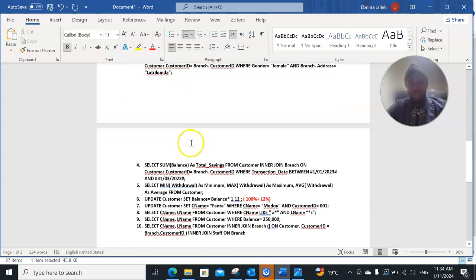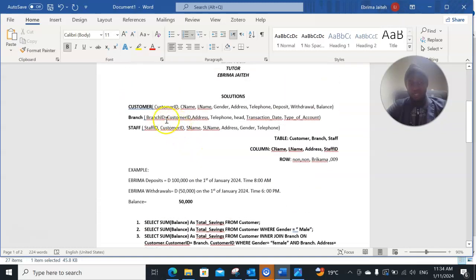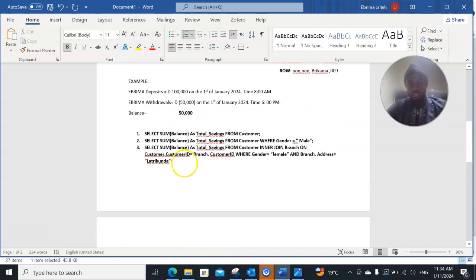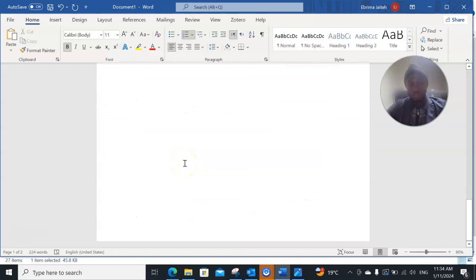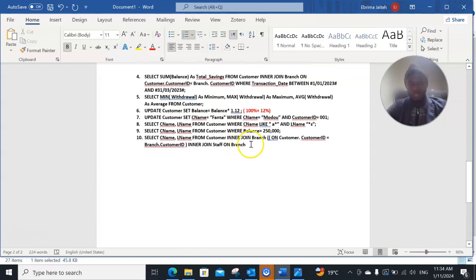Customer ID. Okay, but normally here the branch ID, for example, this branch ID needs to be what? A foreign key under here. Normally that's how it is. But in this question, they make the customer ID to be the foreign key of all the 3 tables. So we are answering based on the question. Okay, so we're going to say inner join staff on branch. Under the branch, what is the foreign key there?